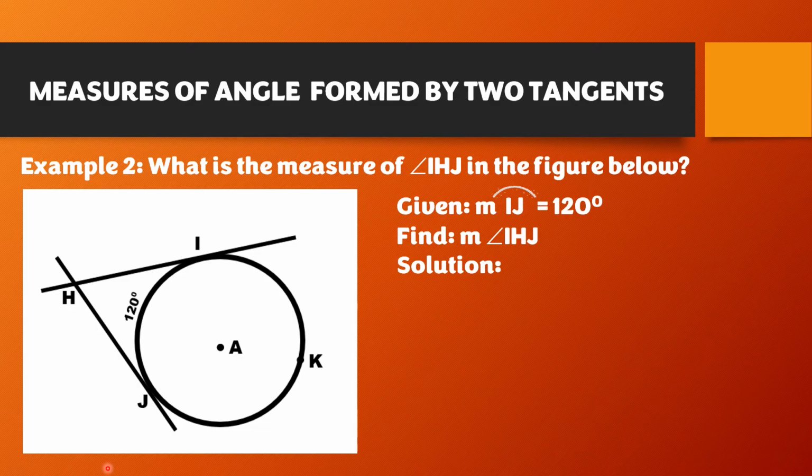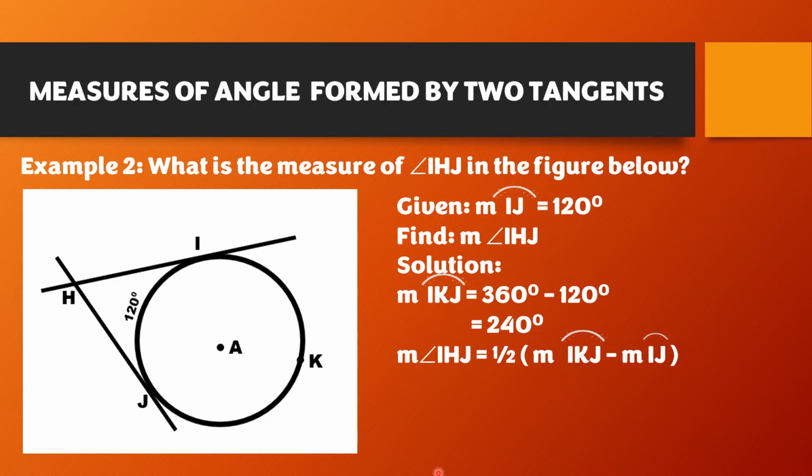For the solution, first we're going to solve for the value of arc IKJ, wherein the measure of arc IKJ is equal to 360 degrees minus the measure of arc IJ, which is 120 degrees. Simplify, 360 degrees minus 120 degrees, so the measure of arc IKJ is 240 degrees.